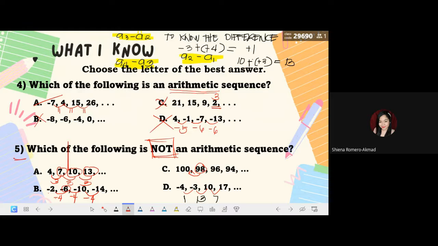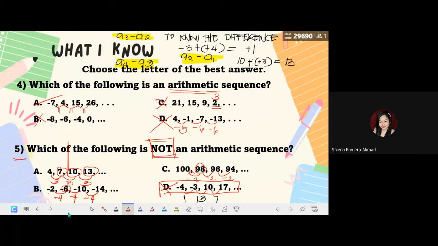Para makuha nyo. 98 minus 100, that's negative 2, negative 2, negative 2. So we can say that A, B, and C are all arithmetic and letter D is not an arithmetic sequence. So the answer here is letter.